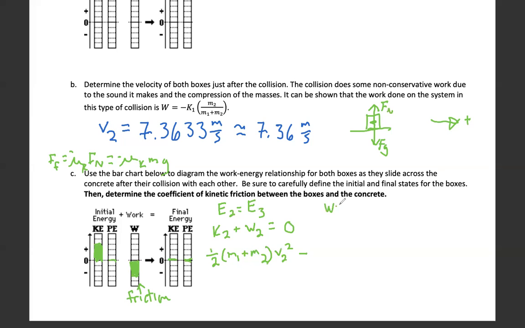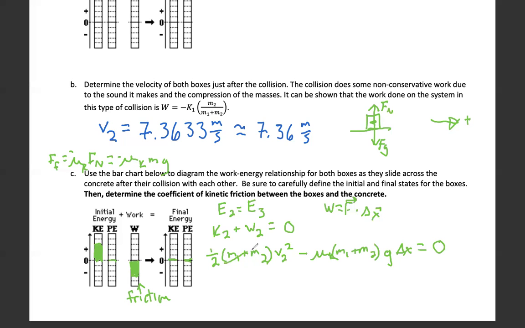Remember, work equals F dot delta X. In this case, the only force is the frictional force. So that's going to be negative mu k m, where m is the total mass, M1 plus M2, the whole thing together. So mu m g delta x, where delta x is the distance that this whole thing slides, equals 0.